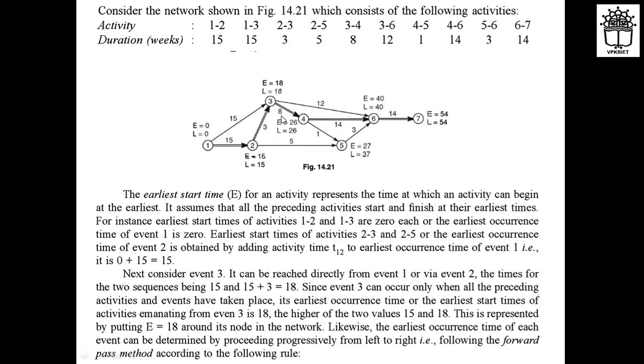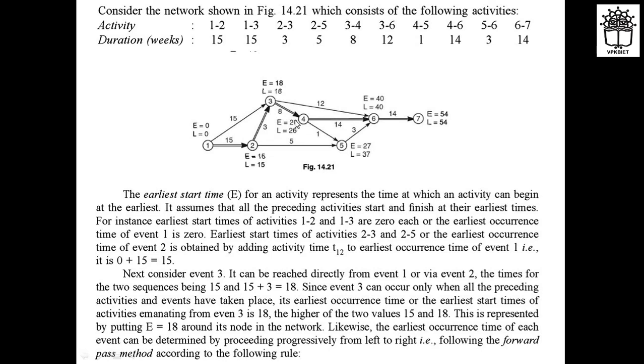Since event 3 can occur only when all the preceding activities and events have taken place, that means only when both activities leading to 3 are done, you have to take the maximum value, that is E is equal to 18. Now the same for activity 4.